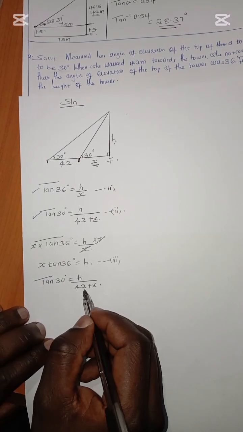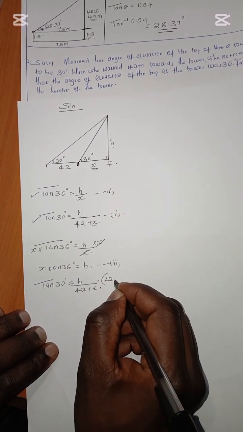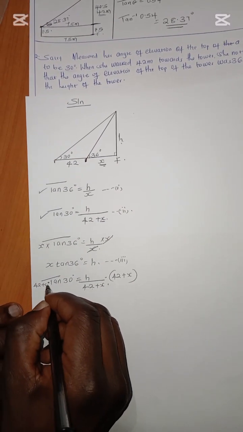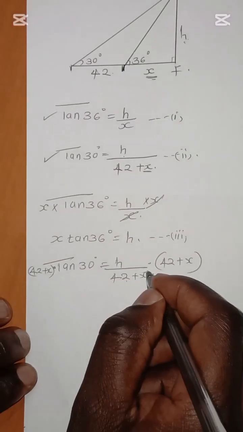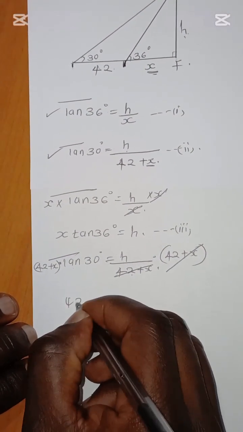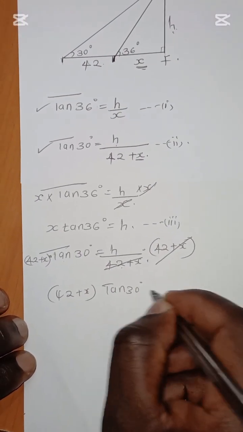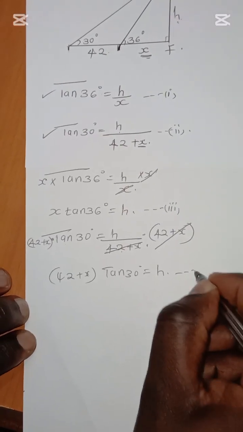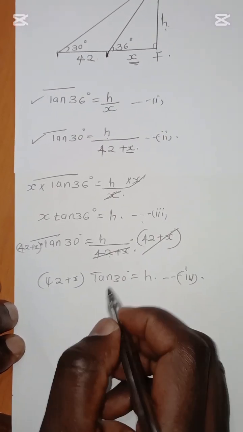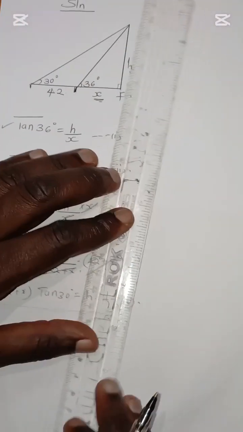Then you multiply both sides by 42 plus x, and cancel, and you will have 42 plus x times tan 30 degrees equals height. Now we have equation 4. Equation 3 and equation 4, both ratios will give you the value of the height.